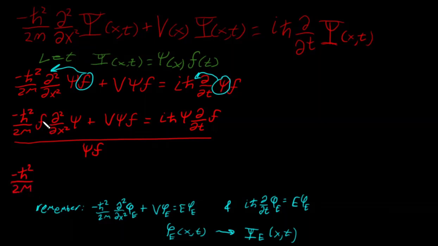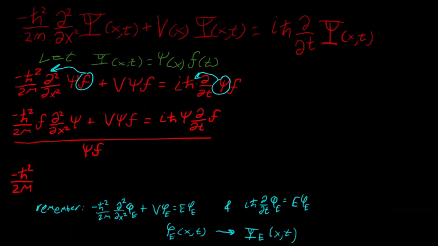Now, this f is going to be divided out, but the psi will not be divided out, because one is inside the derivative and one is outside of the derivative. We can't just take the derivative of some function and then divide it by that function. It won't cancel out. That's just not how derivatives work, because the derivative is operating on the function.